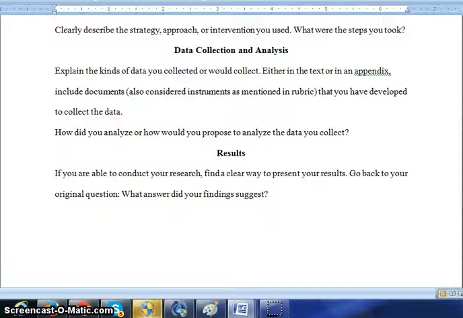if you're using quantitative, the type of data that you collect will be numerical in nature. And it may be a certain kind of test or standardized test that you're going to use.